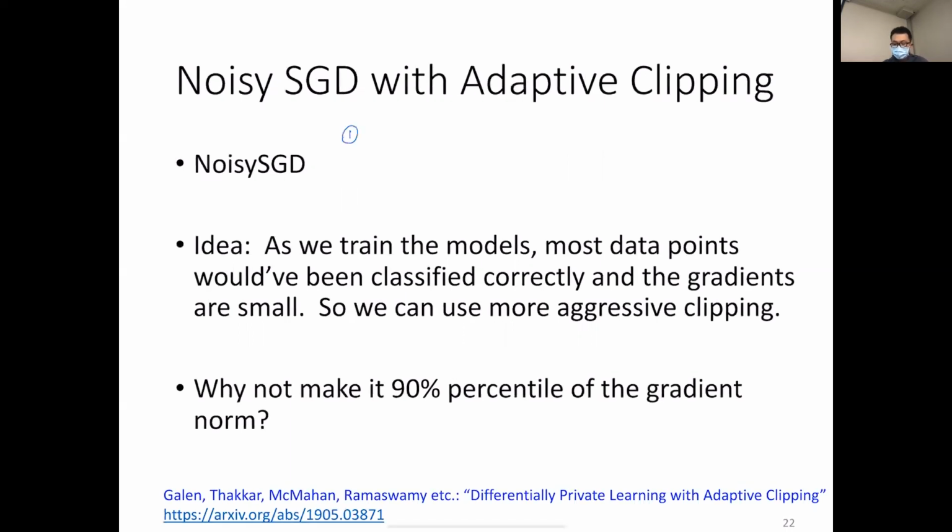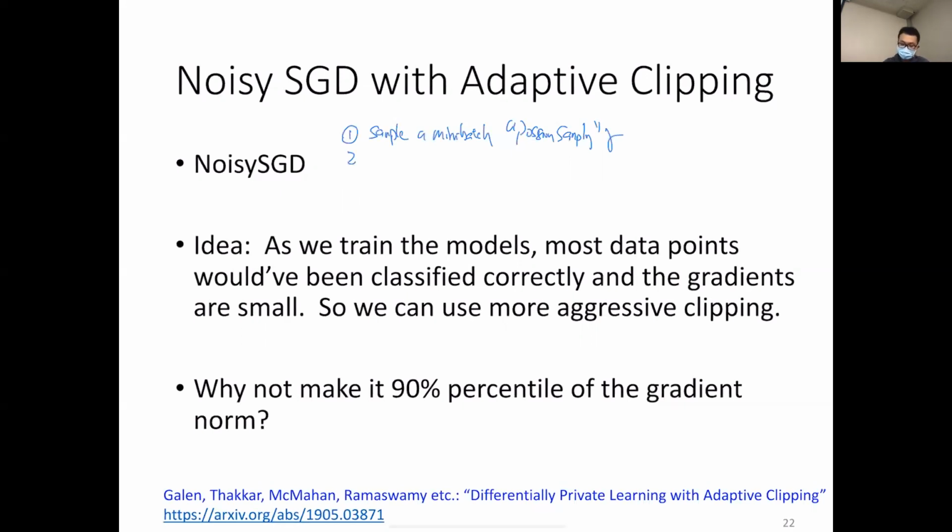So in every iteration, noisy SGD first samples a mini batch using Poisson sampling with a parameter gamma. This chooses to include any individual data point in the data set with probability gamma independently.